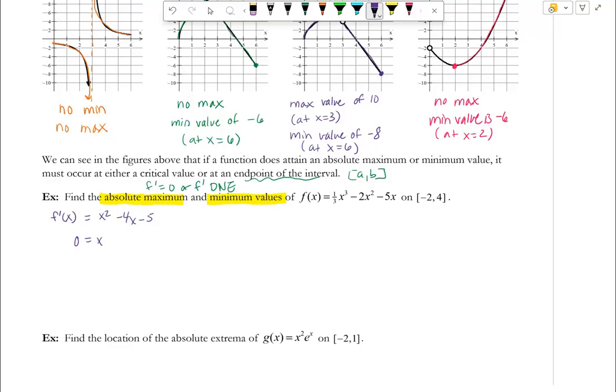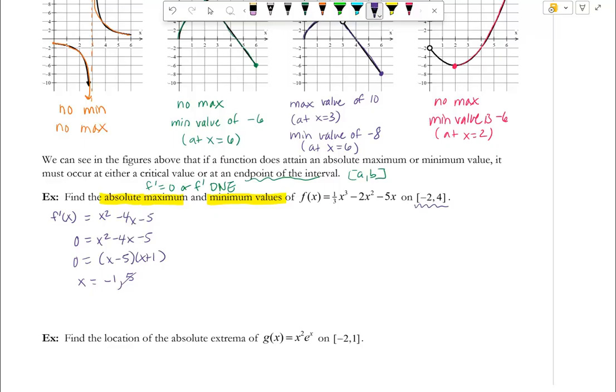So I want to know where this derivative is equal to 0. And I, of course, want to factor and apply the zero product property. So I would get x equals -1 and x equals 5. But remember, I'm only looking for an absolute min and max on this interval from -2 to 4. So x equals 5 is not going to be on that interval.